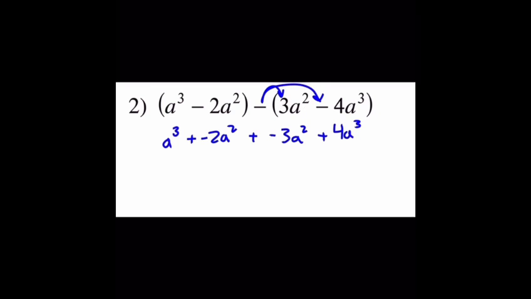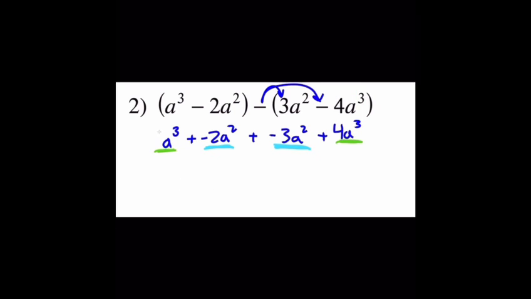So now let's go ahead and combine our like terms. We can combine the a cubed with the 4a cubed, and we can also combine the negative 2a squared with the negative 3a squared, since the exponents are similar.